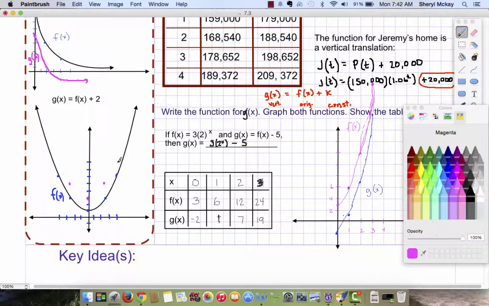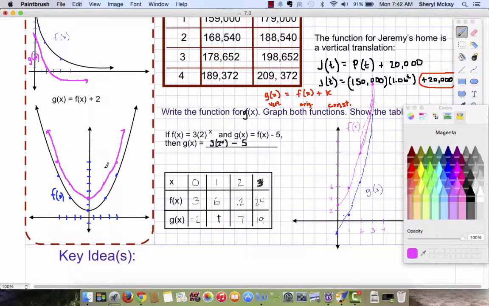This one goes up 2. Notice that my x values are staying the same. The only thing that's changing is it's shifting up. So we've got this. It's going to look something like that. Okay, exact same function, just shifted up.